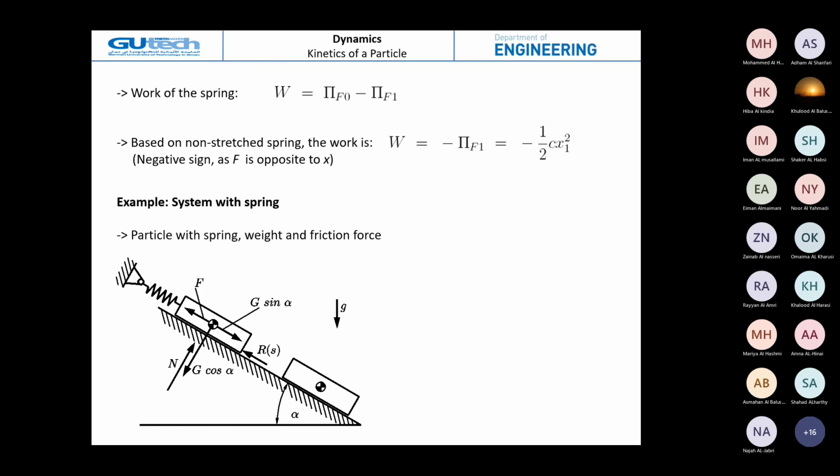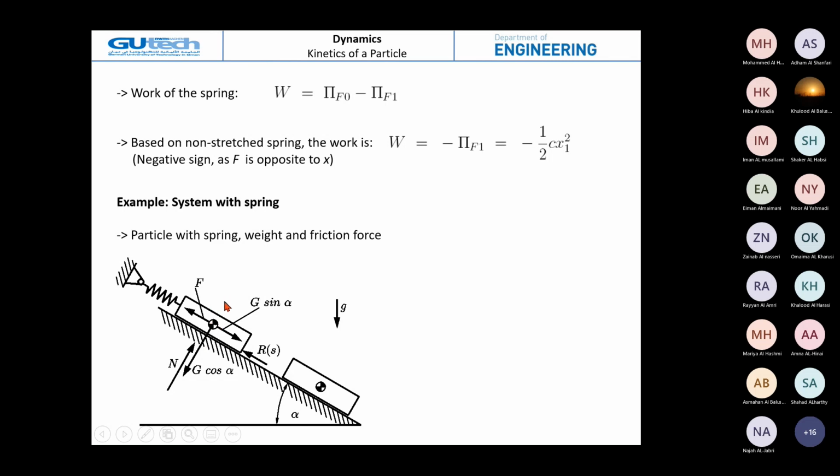Now we take this example system with the spring. We take this mass M, or the particle, connected to the spring. Now this mass moves with friction R. We have the contact force N between the ground and the mass.